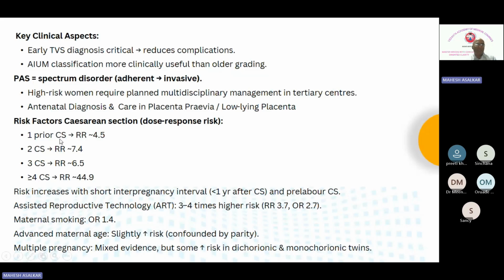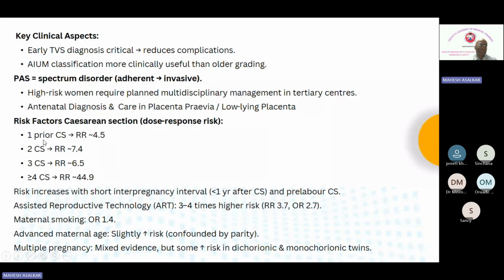Now these are the risk factors for cesarean section. It is dose dependent. We have seen one of the factors for placenta accreta spectrum is cesarean section, and these are the different relative risks with respect to cesarean section. Generally, they do not ask these relative risks; they ask in terms of percentages. But I have taken it out, up till now they have not asked.